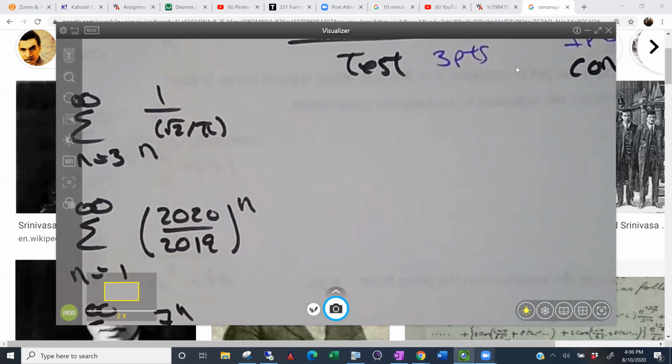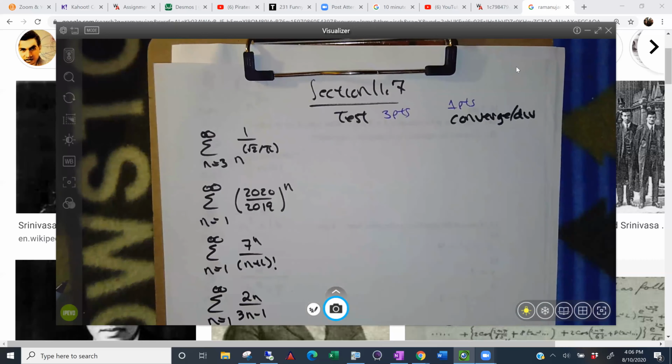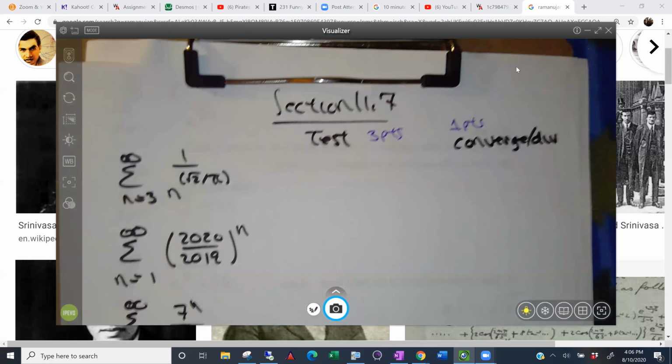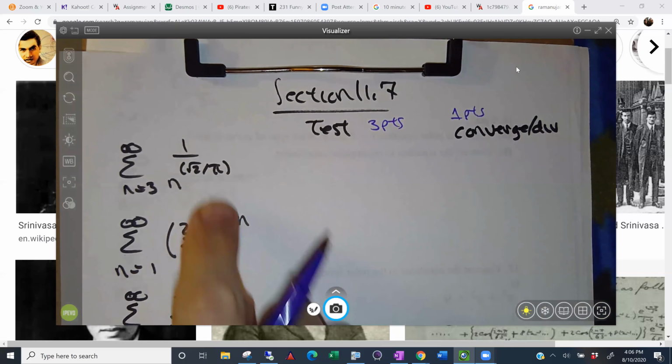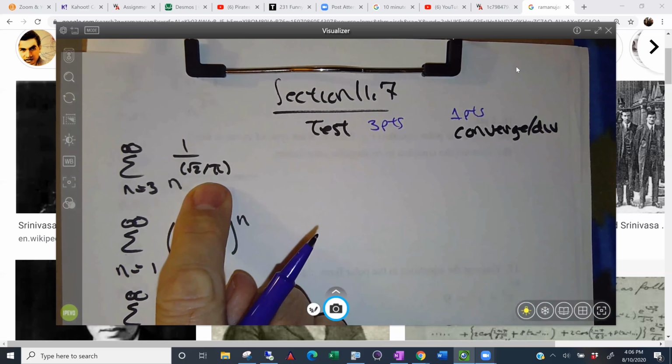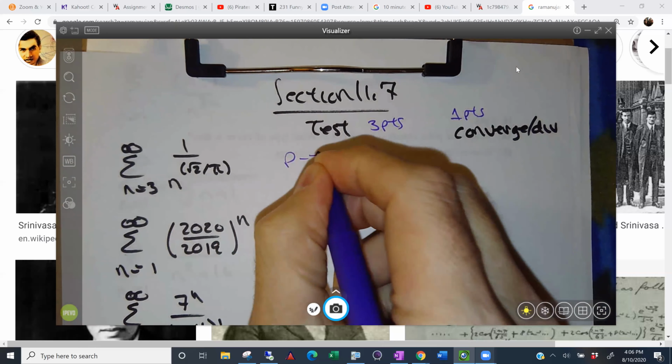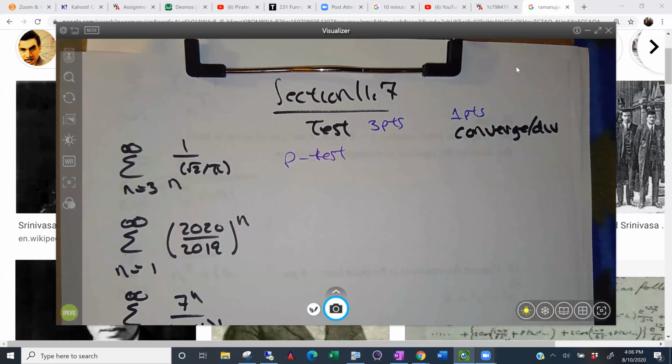Let's see if I can zoom in a little bit better. There. So for instance, this one, what kind of test would you use on this one? P-test, right? But as I said, I would accept different answers.